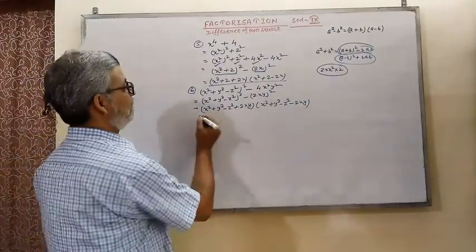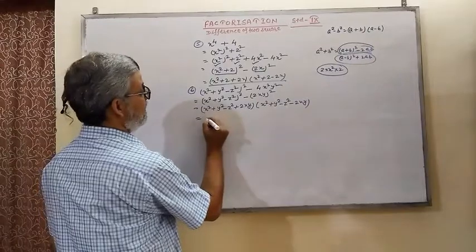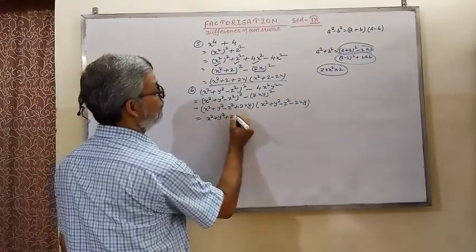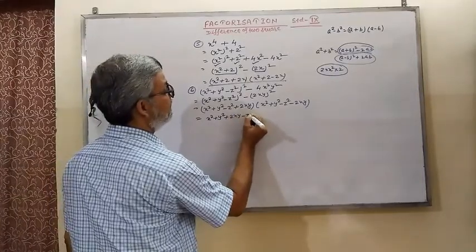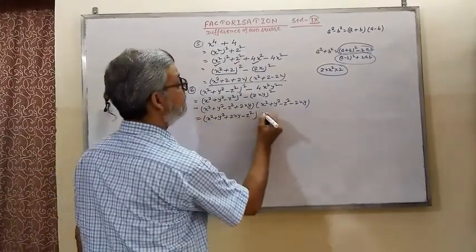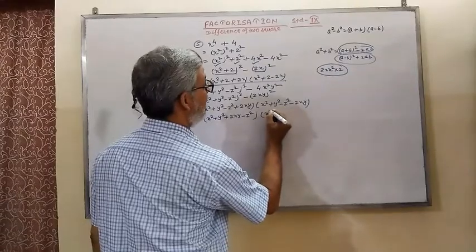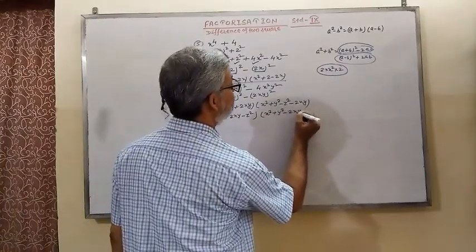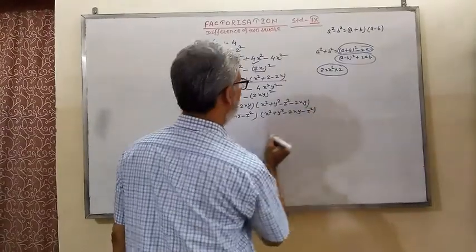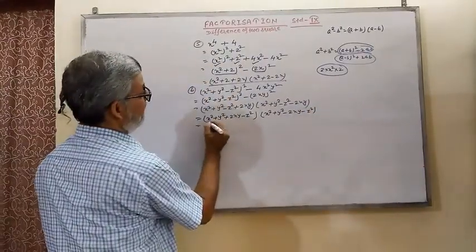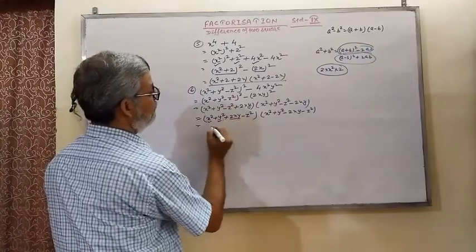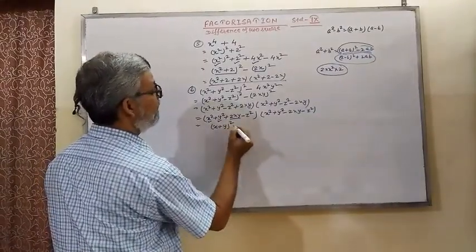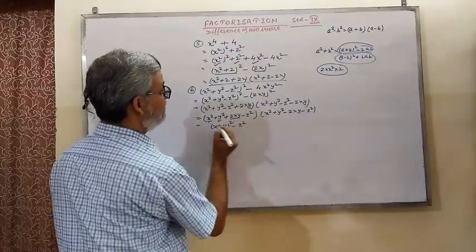So now you see this can be written as x square plus y square plus 2xy minus z square, and this can be written as x square plus y square minus 2xy minus z square. Now here you see a square plus b square plus 2ab, so this can be written as (x plus y) whole square minus z square.